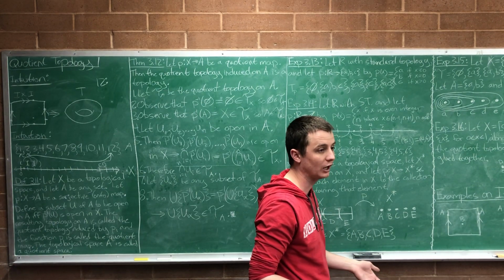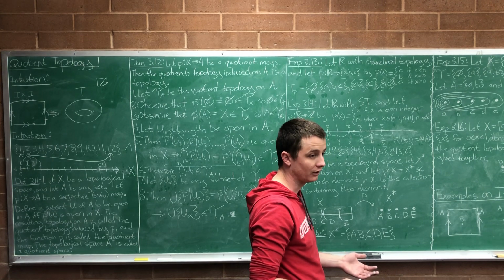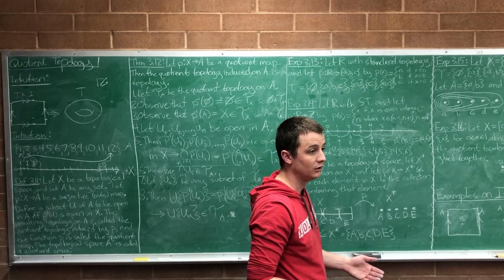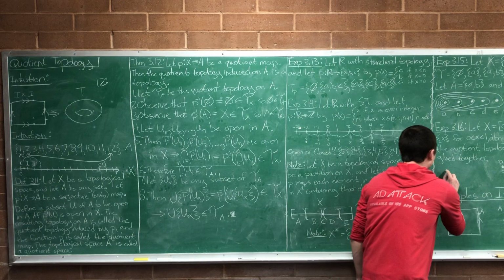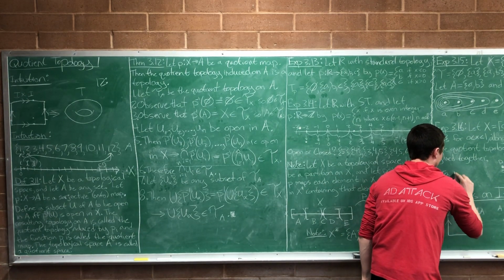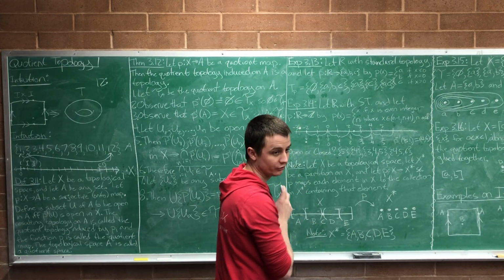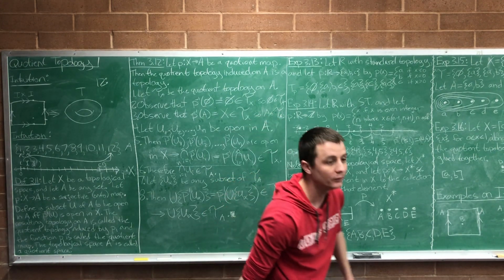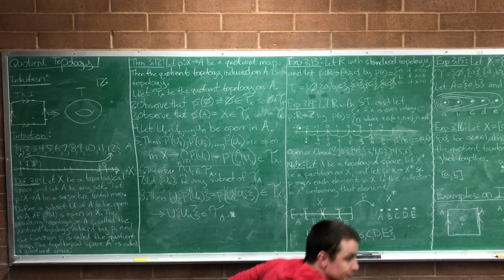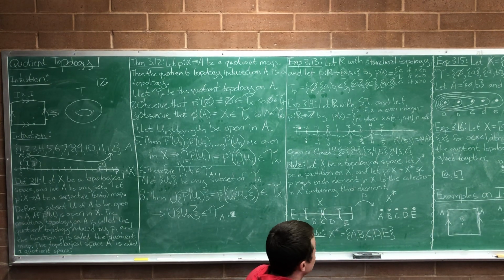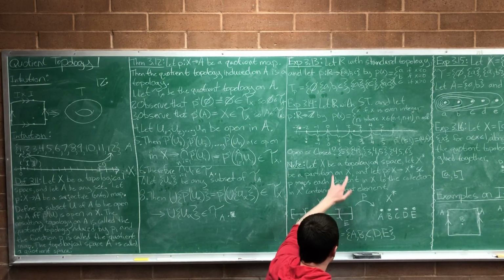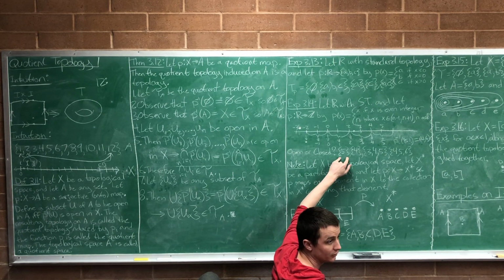What do closed sets look like in the standard topology? Closed intervals, with the brackets. The closed sets are closed intervals. The open sets are open intervals. Okay, so this set is open and not closed.